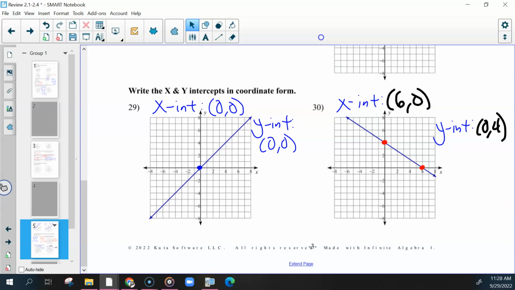Say that one more time. Do we have to remember the formulas? Yes, but I will say if you've never looked at the vocab wall, that might help you. Alright, any other questions? Alright, less daunting, right?